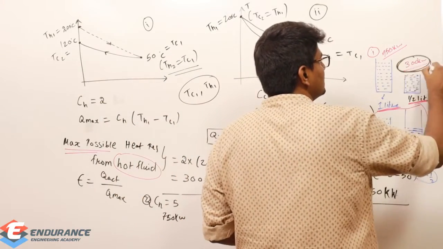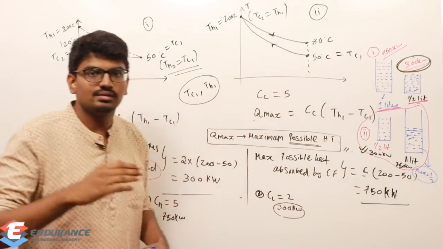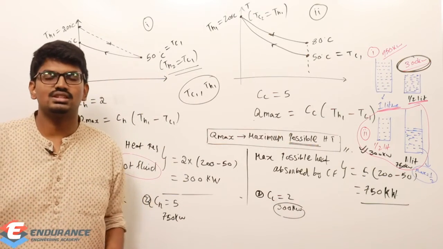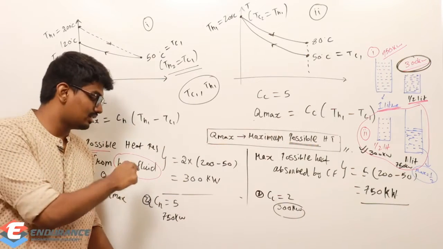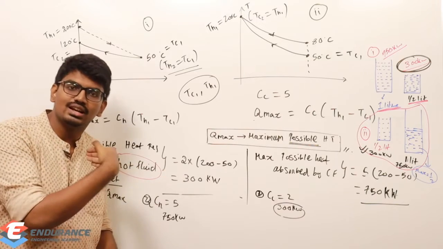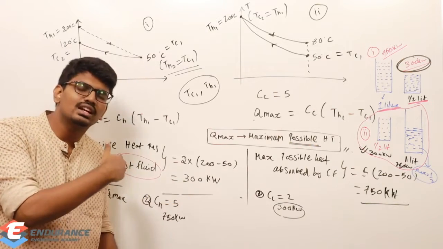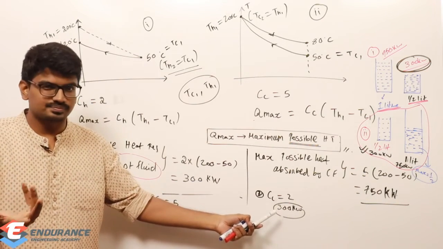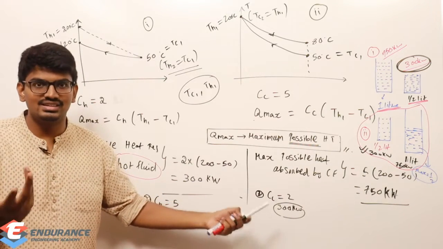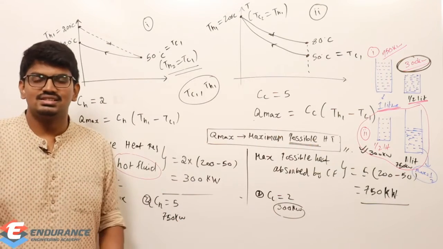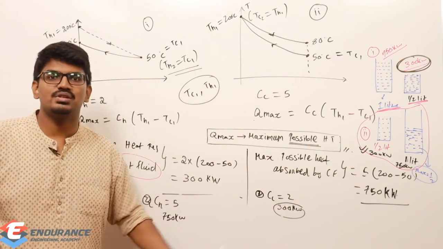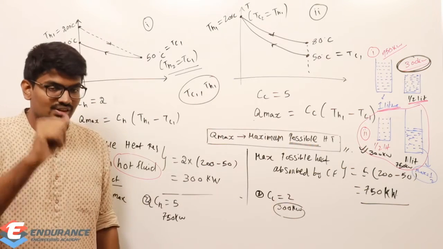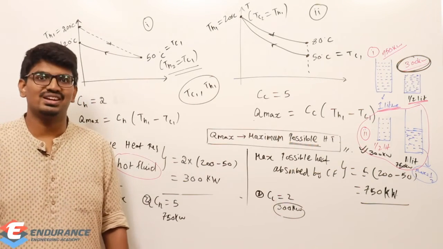Not even a single kilowatt can I transfer more than 300. The hot fluid can give 400, 500, maximum 750, but if the cold fluid doesn't absorb, it is not going to happen, right? We are insulating the system fully, so only heat interaction can happen between them. I hope you got my point.